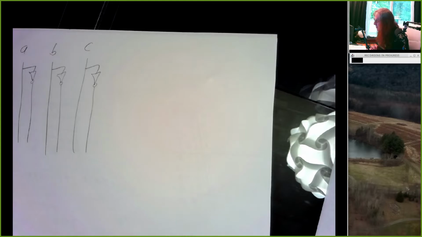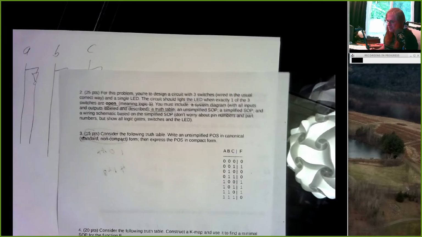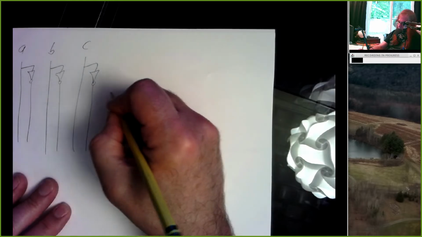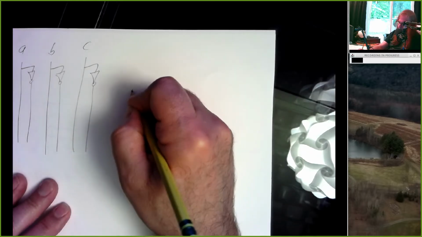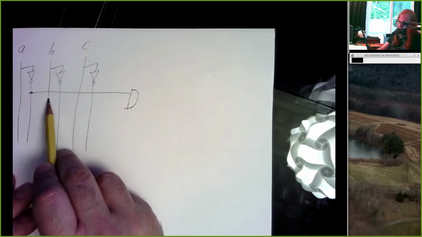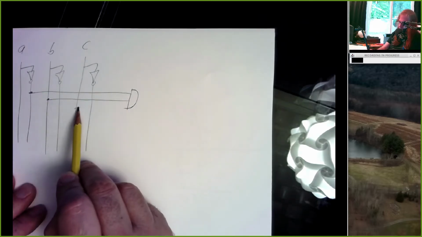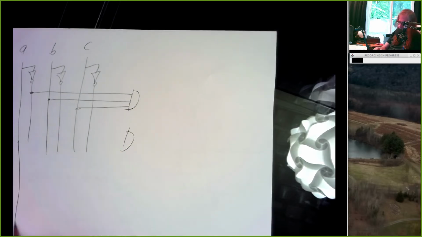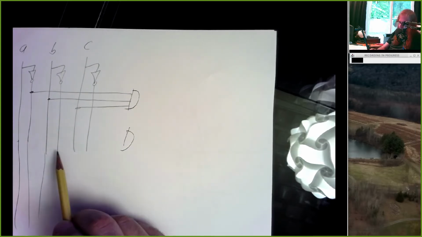You want to get it done. And I said, don't worry about pin numbers and part numbers, but show logic gates, switches, and LEDs. So we need A bar, B, C. We need longer wires.